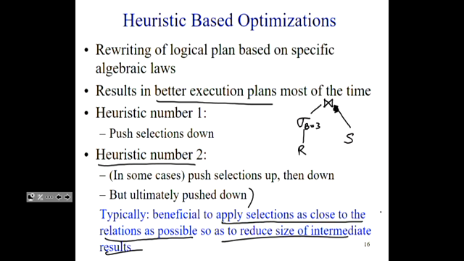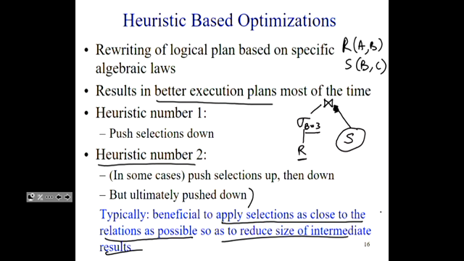Okay, so let's say I have R which is AB and S which is BC, and I have a sigma on B equal to 3 applied to R. In this case, I'm certainly reducing the size of R by constraining it to B equal to 3, but I'm not taking advantage of B equal to 3 by applying it to S as well, because I want to reduce the size of S too.